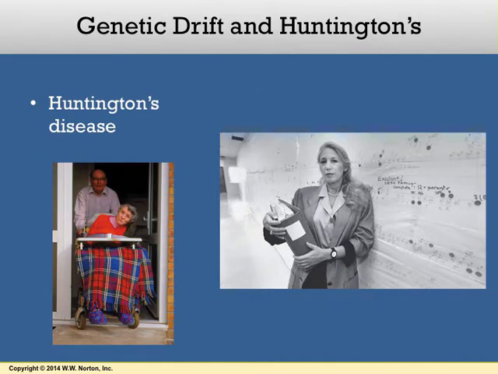Another example of genetic drift can be found in the frequency of a degenerative genetic malady known as Huntington's disease. Huntington's is a terrible, debilitating disease that causes degeneration of the brain, dementia, and jerky movements of the limbs. It is always fatal. Scientists have learned a lot about Huntington's, including its genetic basis.